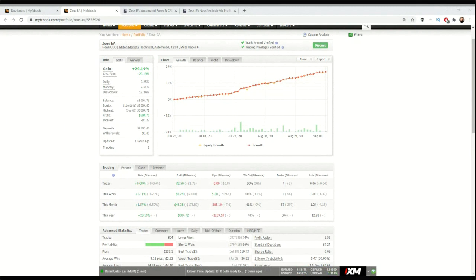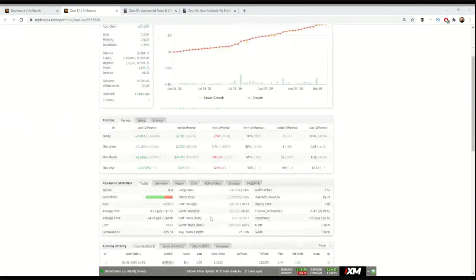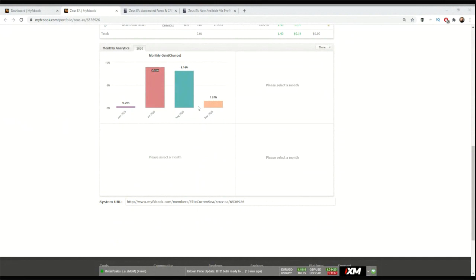Let me do some math very quickly. I want to be more precise. Yeah, it should be about 5% indeed. Plus minus should be the average. Anywhere between 4.5 and 5.5, 4 to 5.5, depending on the month.